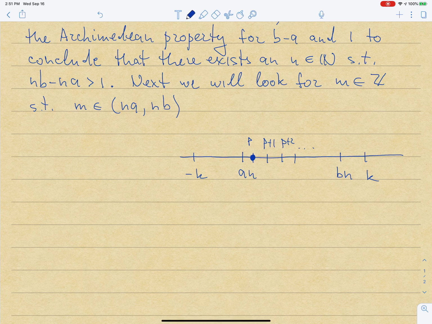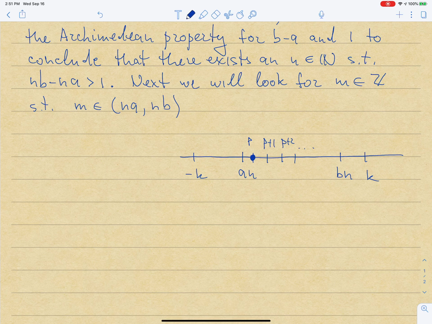And then what I want to show is that I can use the smallest integer as my m. Why will this be a possible candidate for m? Because if p is the smallest integer which is bigger than an, and the distance between an and bn is greater than 1, then the distance between the smallest integer bigger than an and an itself must be less or equal than 1.